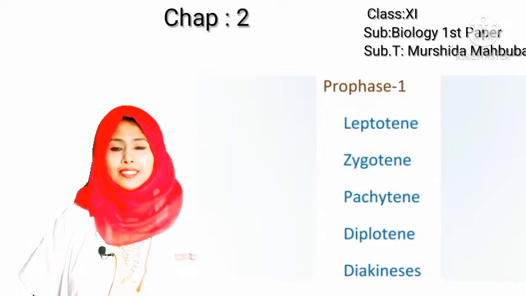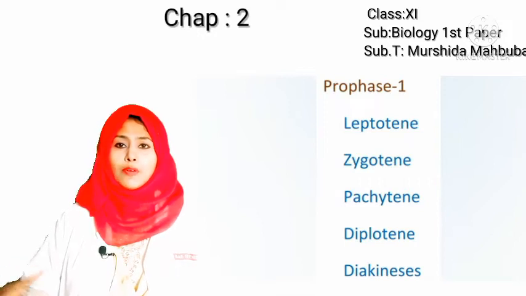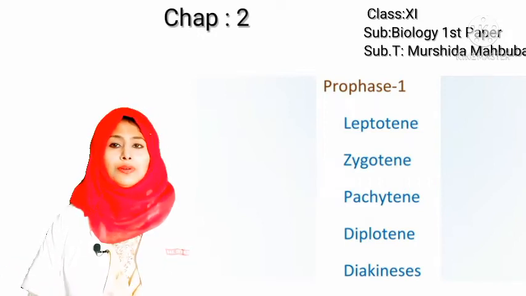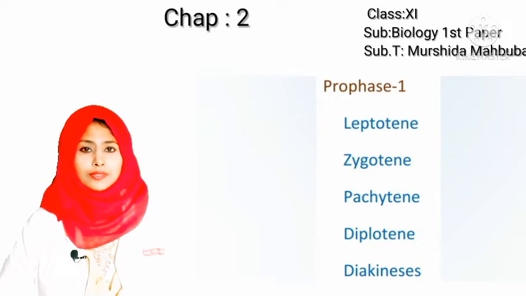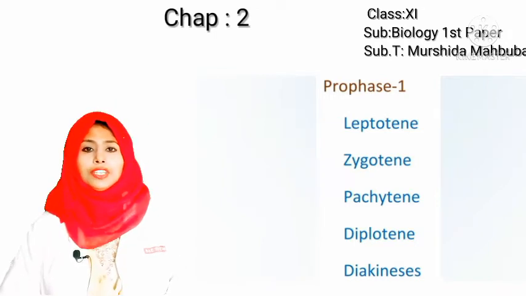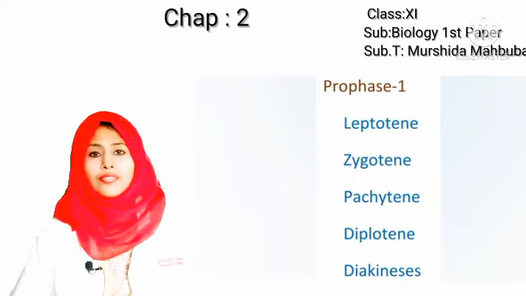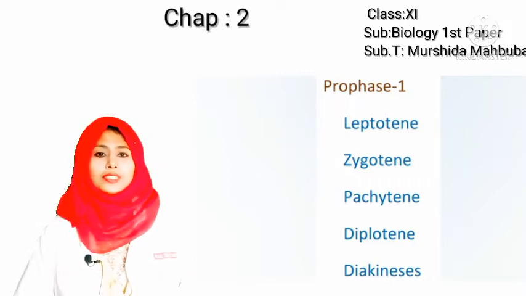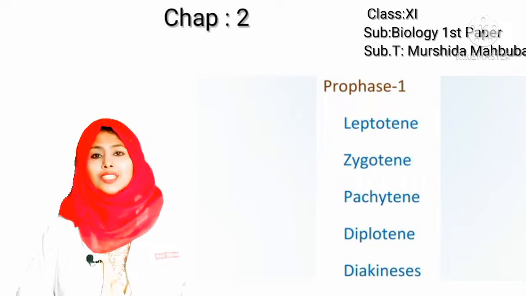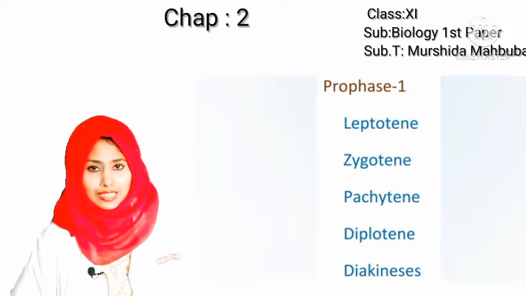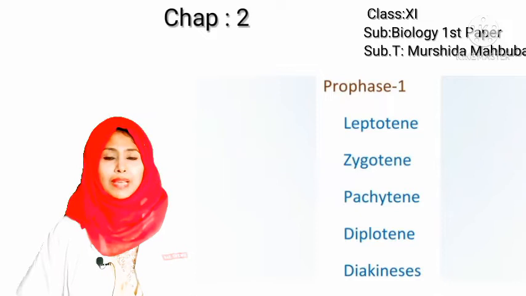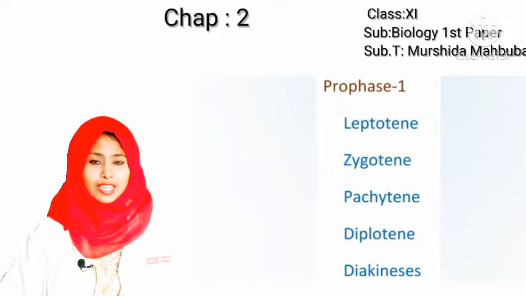In this stage, chromosomes become condensed. The nuclear membrane dissolves and nucleolus disappears. In this stage, there are 5 substages. Those are leptotene, zygotene, pachytene, diplotene and diakinesis.